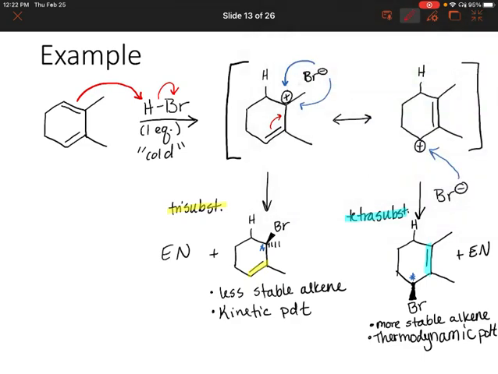So for instance, if we look at our starting material, we could number around the ring there. We're not numbering this according to how we would name it, but we're just showing where those double bonds are. So we would add hydrogen and bromine to the first and second carbons there. So that is the 1,2 addition product.